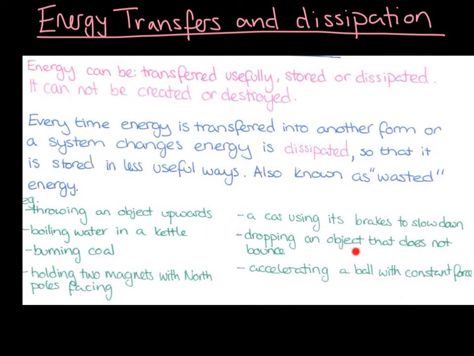We've looked at dropping an object that does not bounce. And we've looked at burning coal. And so you can now describe the energy transfers involved with those, and say which type of energy there was before and which type of energy there was after, and what types of dissipated energy you get. But remember, always if we're talking about reducing wasted energy, we want to be using this word dissipated.